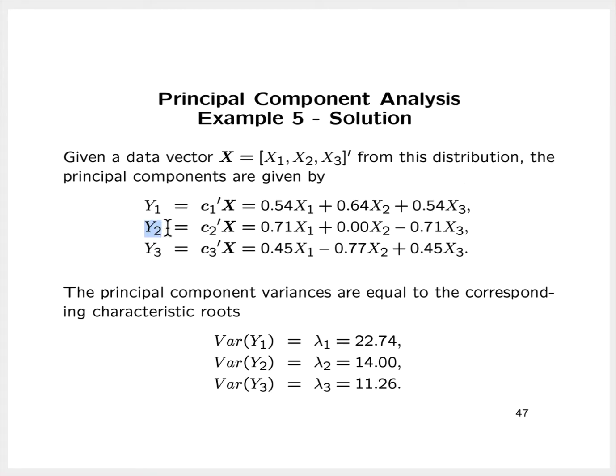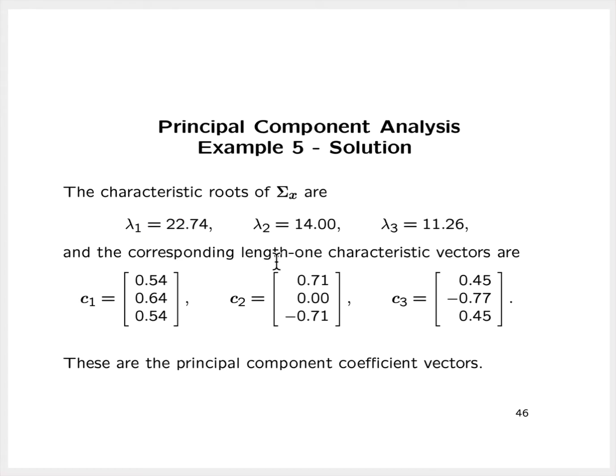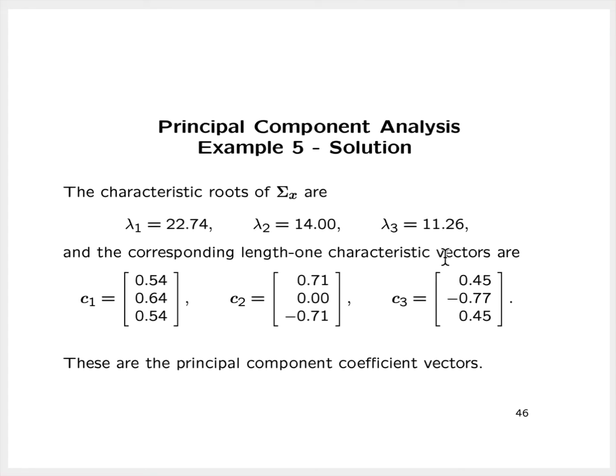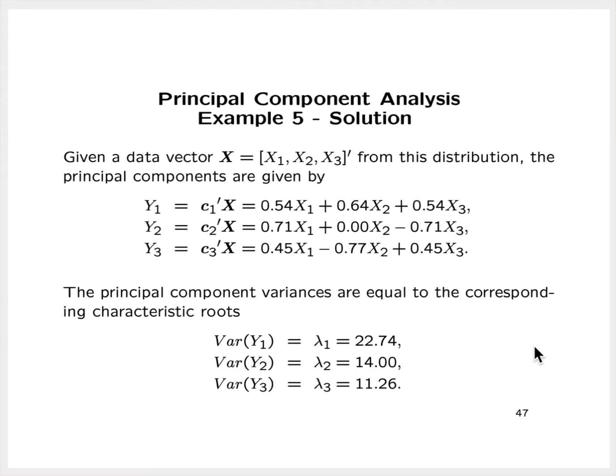To get the second principal component, we would apply these coefficients in C2 to the original variables. And so y2 would be 0.71 times x1 plus 0 times x2 minus 0.71 x3. And likewise, to get the third principal component, we would apply the coefficients in the third characteristic vector.